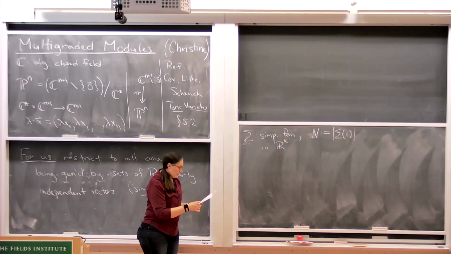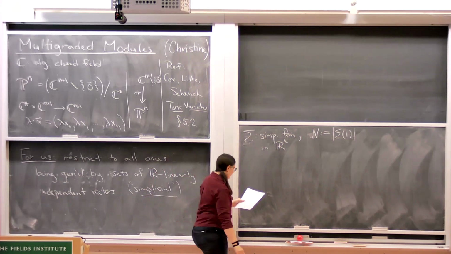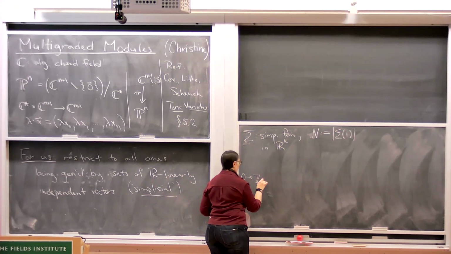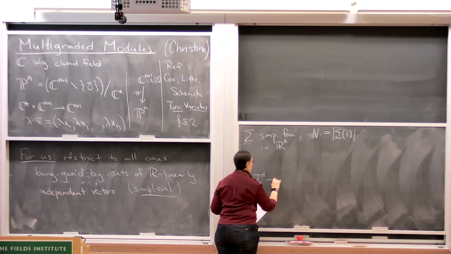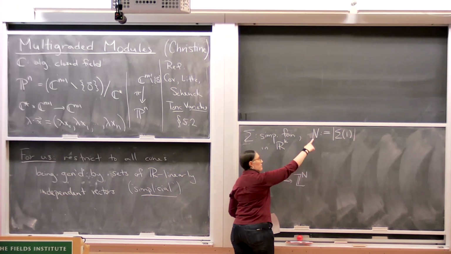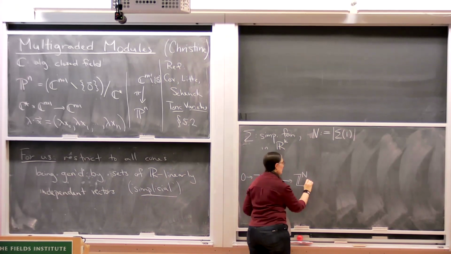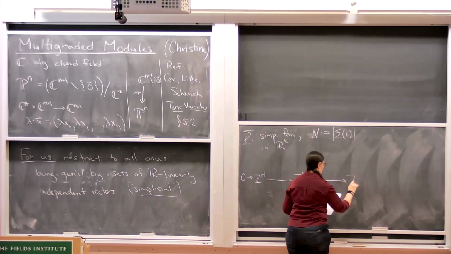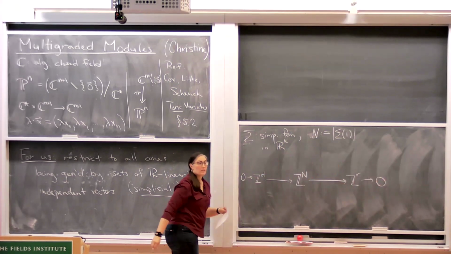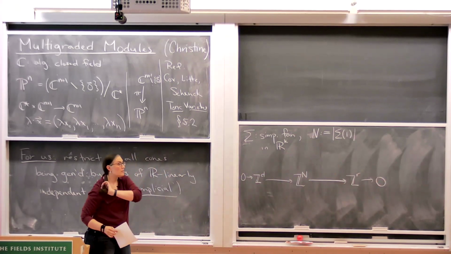So what I want to do is, this capital N is going in the middle of my sequence. Question? Yeah, I just want to make sure of notational clarity.